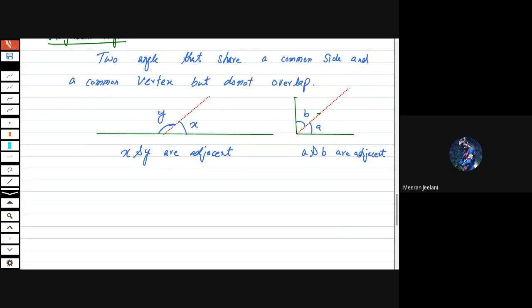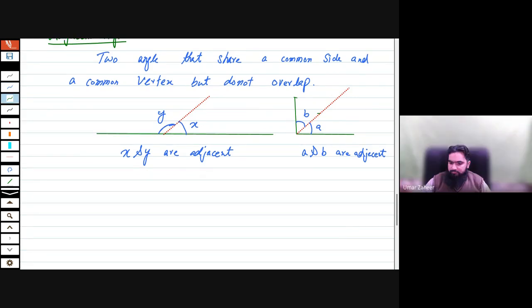The next one we have is vertically opposite angles.